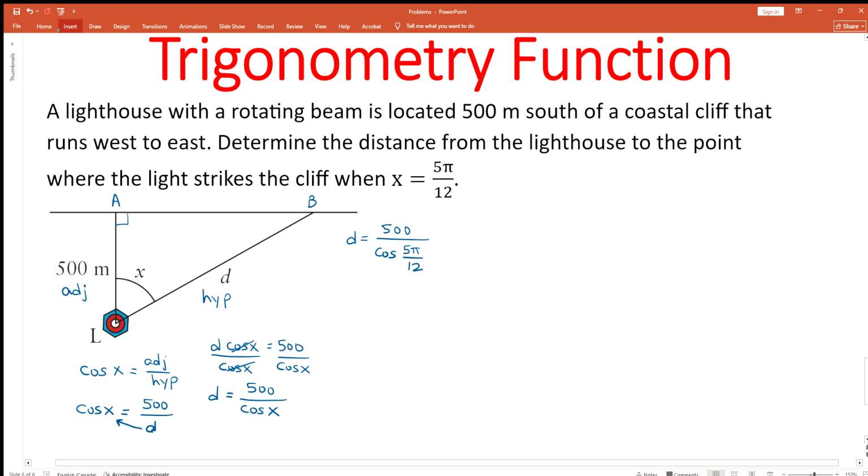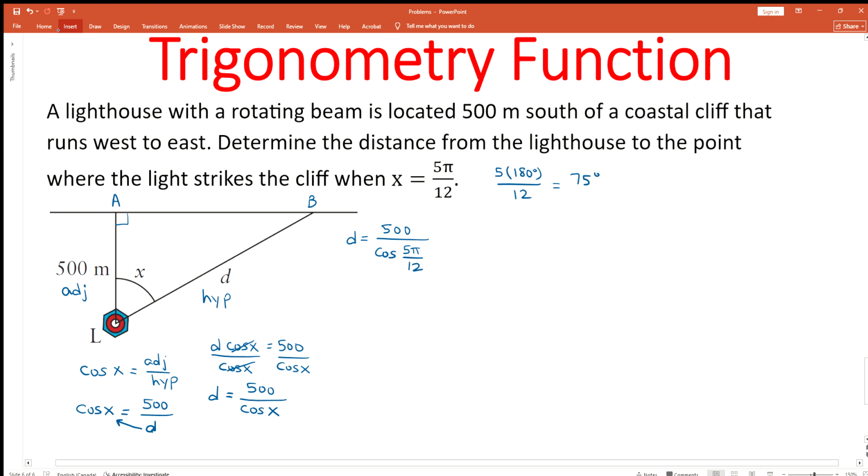You can do it on scrap paper and just show the radian analysis as part of your work. We can find the degree measure for 5 pi over 12 by replacing pi with 180 degrees. 5 times 180 degrees divided by 12 is equal to 75 degrees.